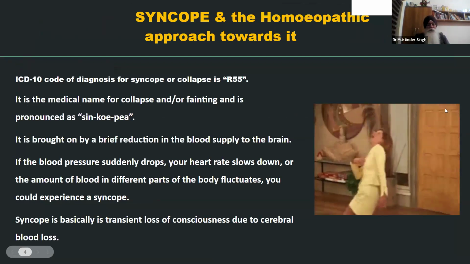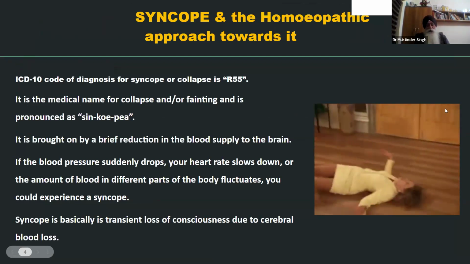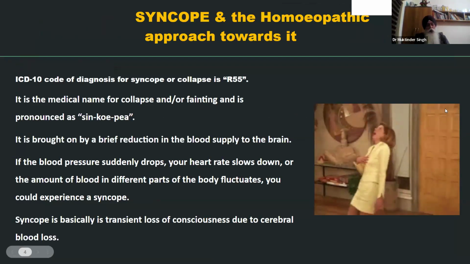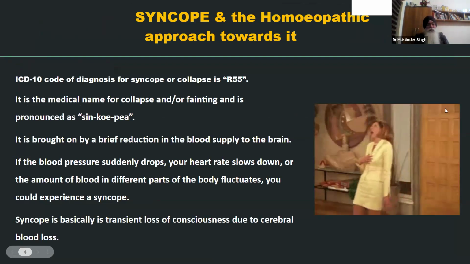So what is syncope? The actual word used for this sudden loss of consciousness is syncope. As you can see on the screen, the right pronunciation is syncope.